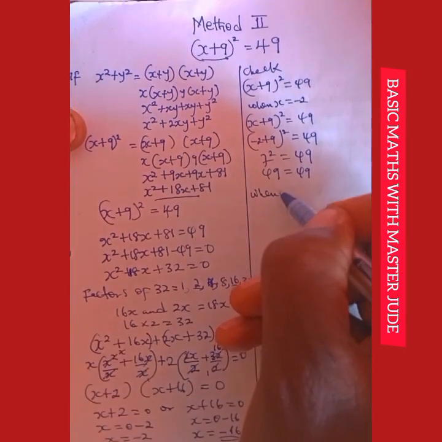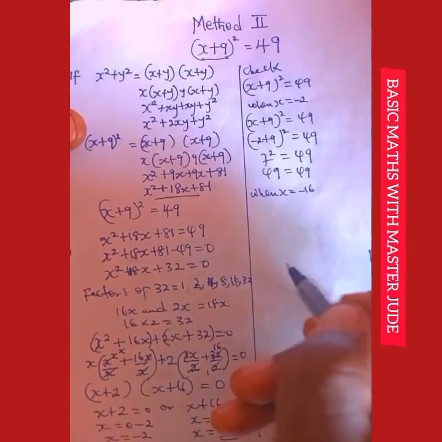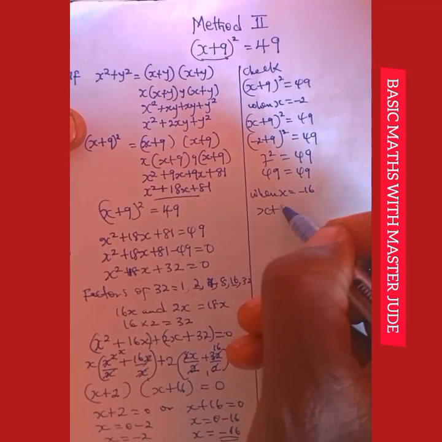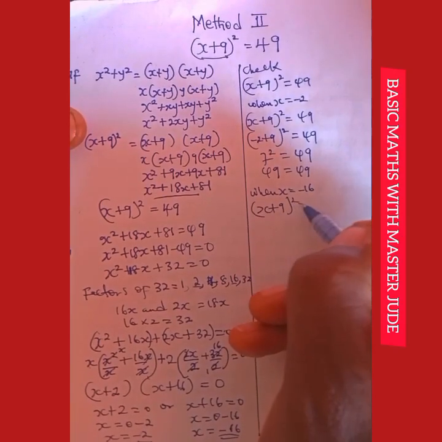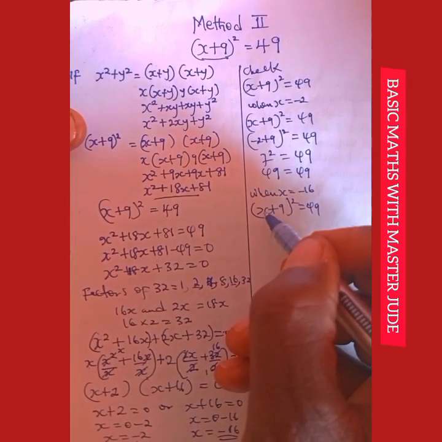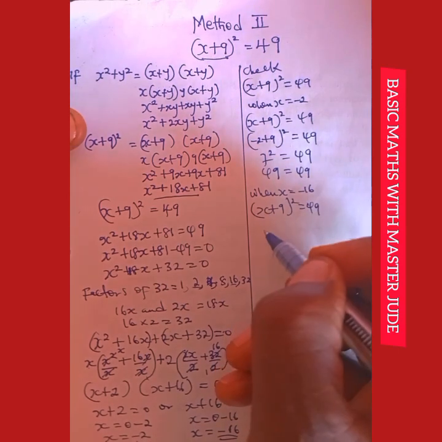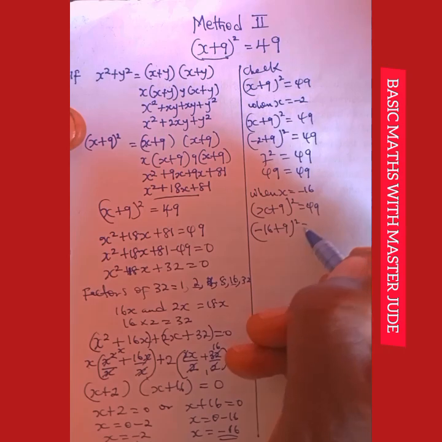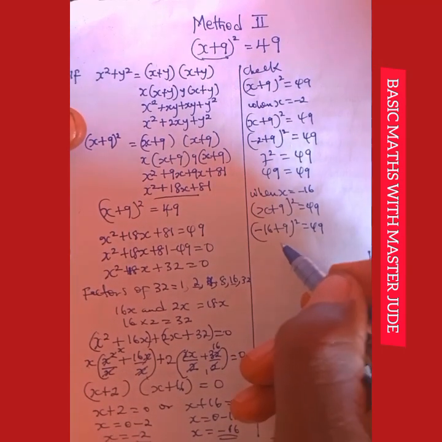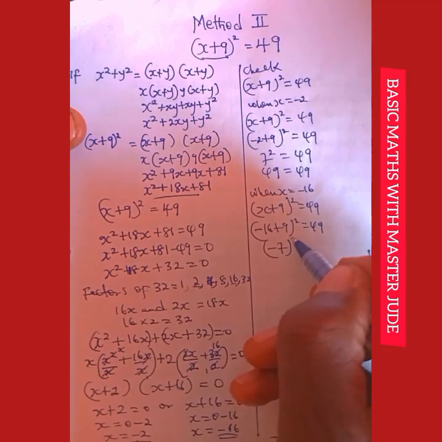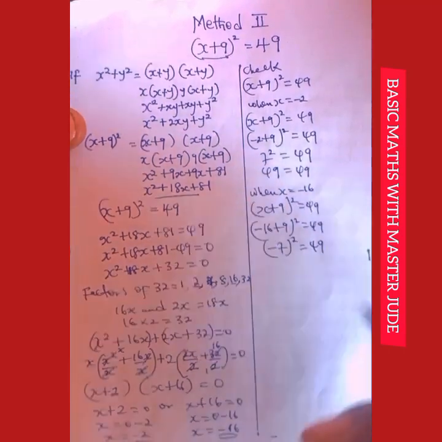Let's check when x is equal to minus 16. Let's see if our answer is correct. I'll bring down the expression (x + 9)² = 49, then substitute x with minus 16. So I'm going to have (-16 + 9)² = 49. Minus 16 plus 9 gives me minus 7, squared.